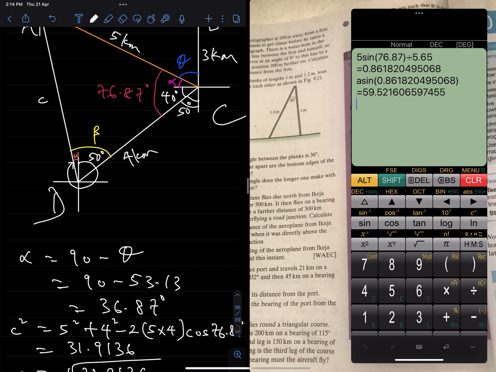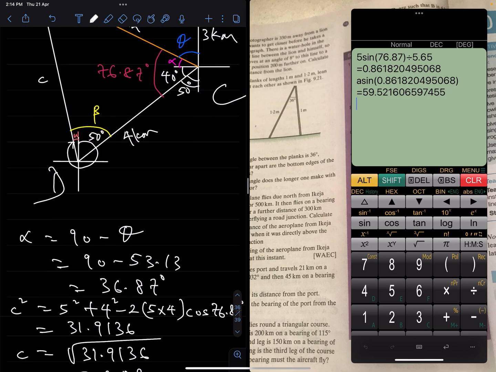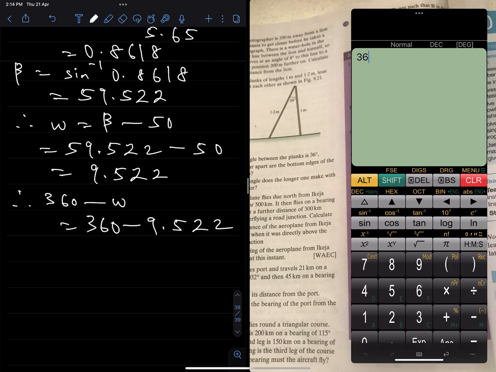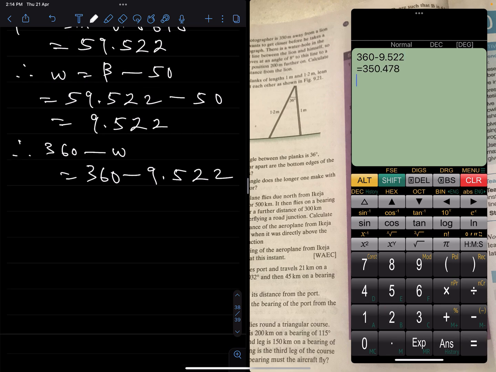So the bearing of A from D equals 360 minus 9.522, and that's 350.478.